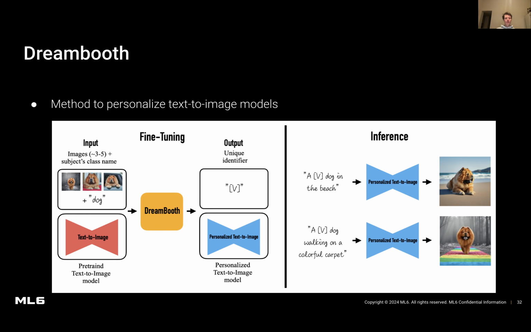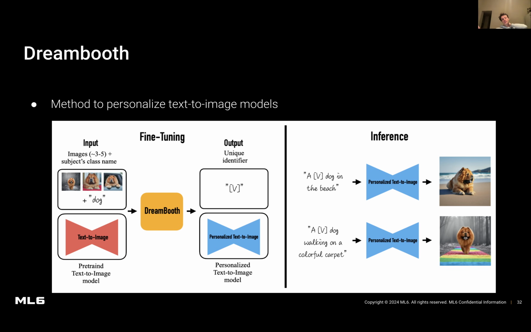So again, I'm not going to go into the detail of how DreamBooth exactly works. For that, I would recommend to check out the paper. But basically, what you do is you expand the vocabulary of the text encoder that is used in these text-to-image models, like CLIP, for instance. So you add basically a specific special embedding that you learn for your new concept.